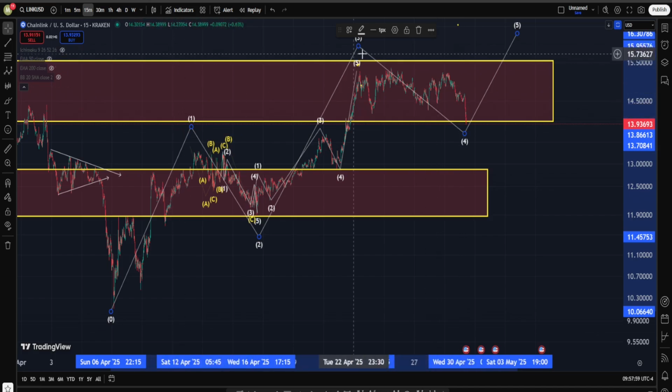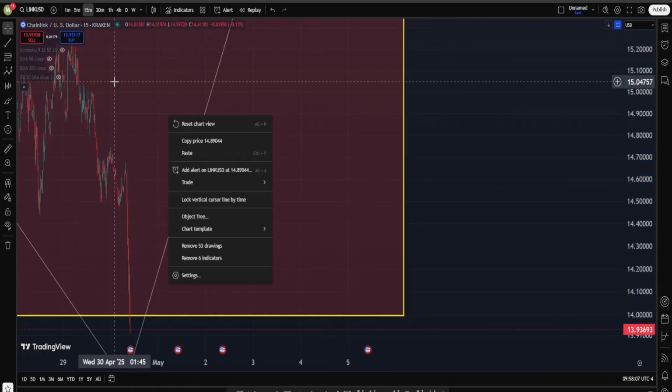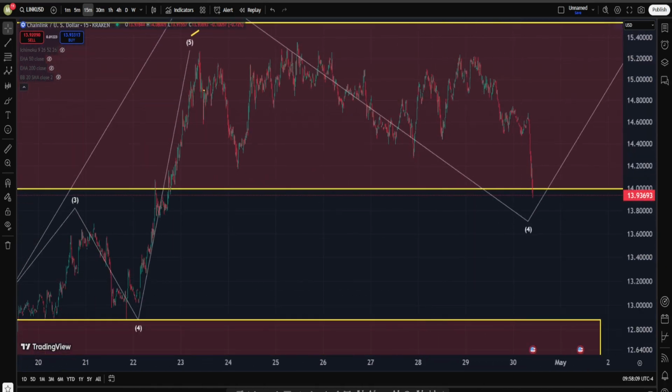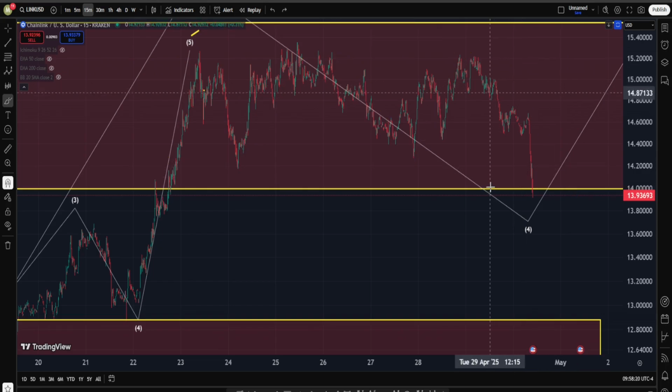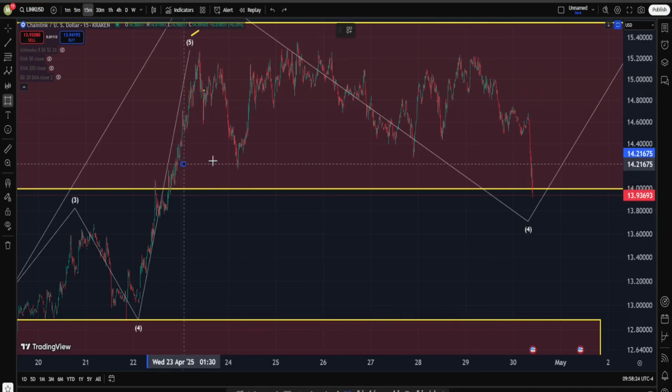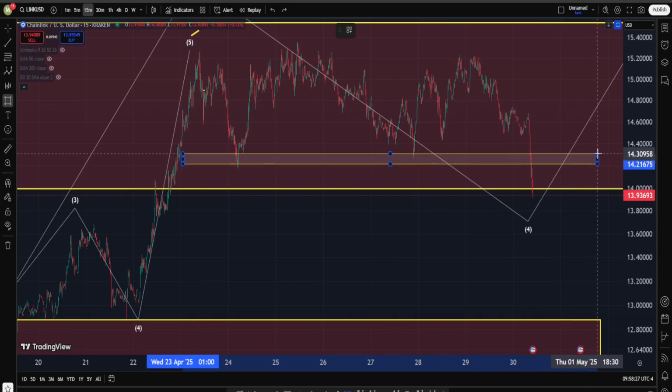At the moment, I think there is one very important pattern that we all need to pay attention to, and it is this potential head and shoulder structure right in here. Why do I say this is a potential head and shoulder structure and not a confirmed head and shoulder? That's because if you want to say this pattern is happening, you need to see a confirmed break of the neckline.